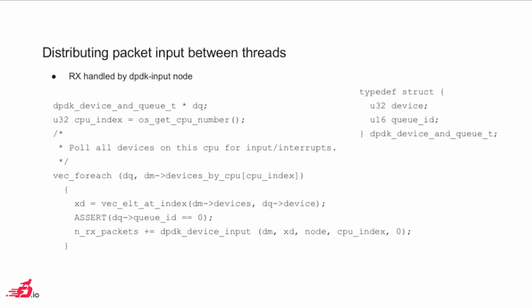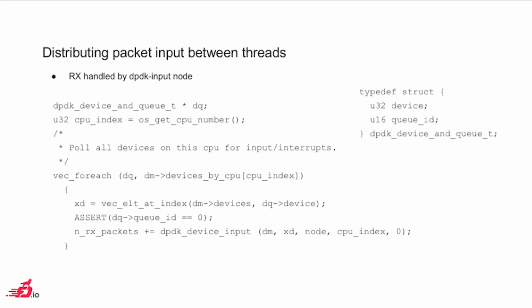If we have 4 worker threads, this CPU index can be 1, 2, 3, or 4. So it's an array of 4 vectors, and every vector is an array of these structures, which contain the DPDK device ID and the DPDK queue ID. If you're not running RSS, QID will always be 0, because then you have just one receive queue.